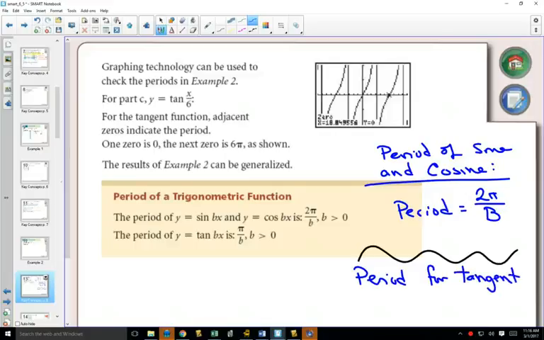And then your period for tangent is going to be pi divided by your b value. So those are formulas that aren't on your formula sheet.